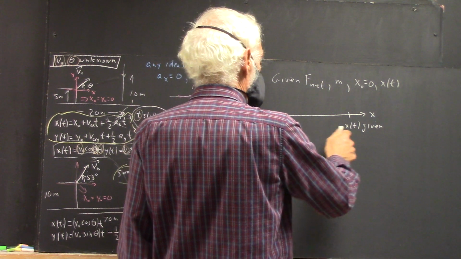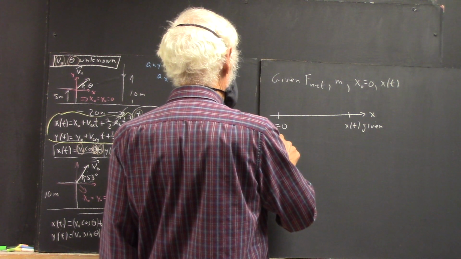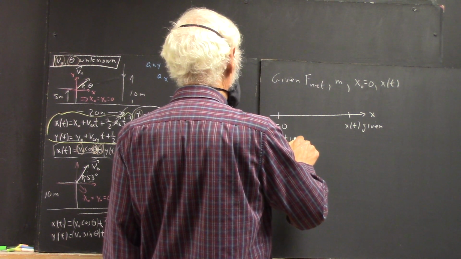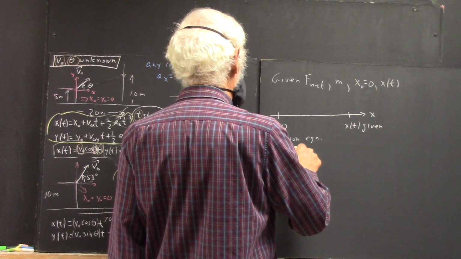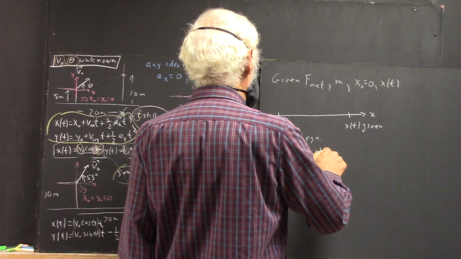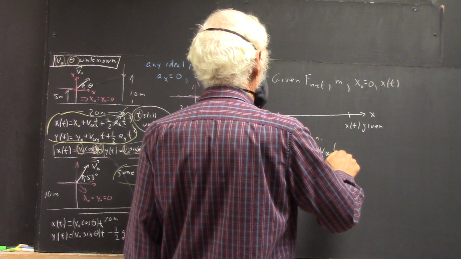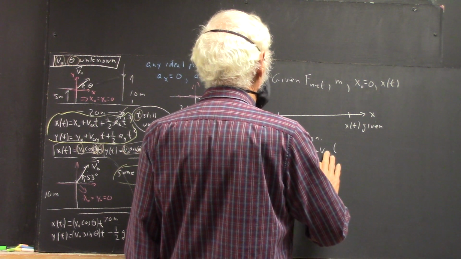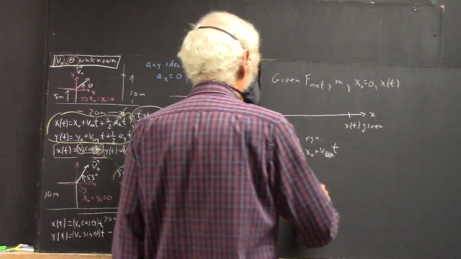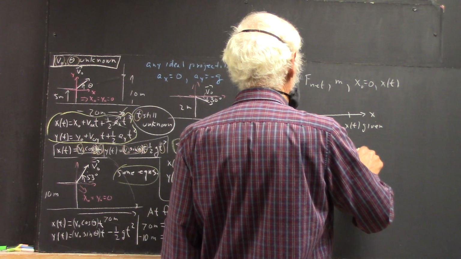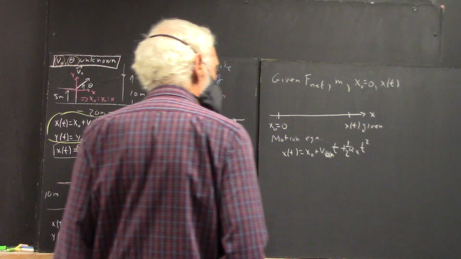Well, we know how far we go, we know where we start, and we know the motion equation x of t equals x naught plus v naught x t plus 1/2 a x t squared.